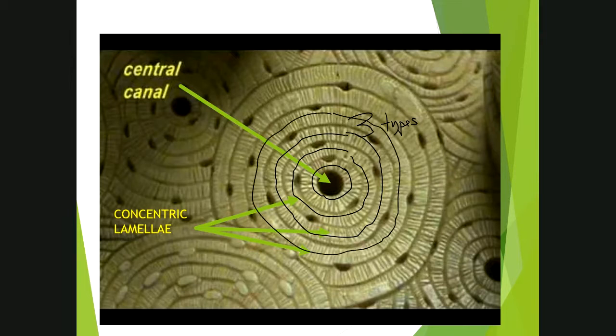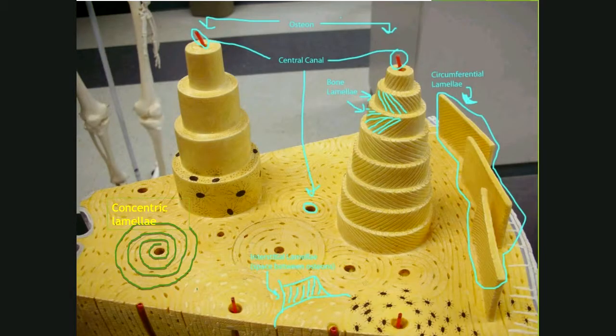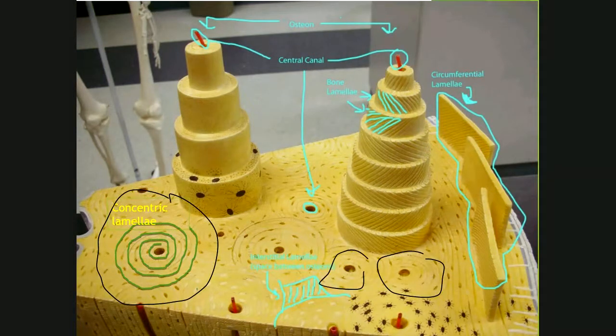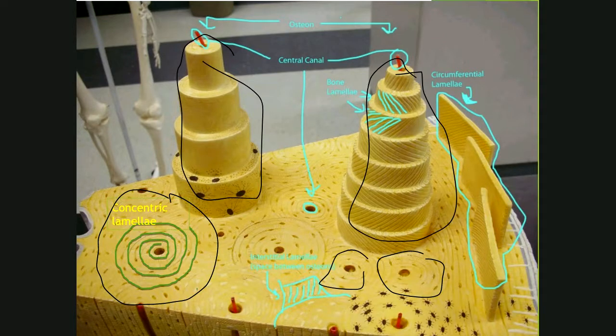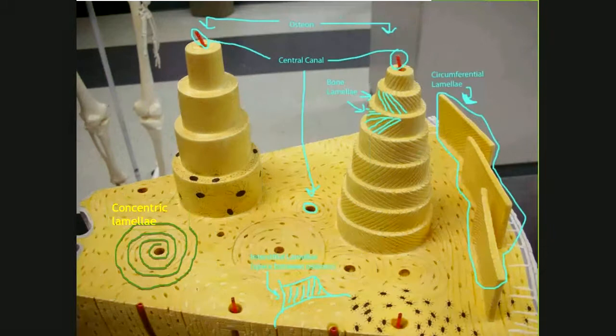So these are called concentric lamellae. So these, those are concentric lamellae. And if we look here, that's what this is. Those are concentric lamellae. So are these. But there's actually 2 other types of lamellae.